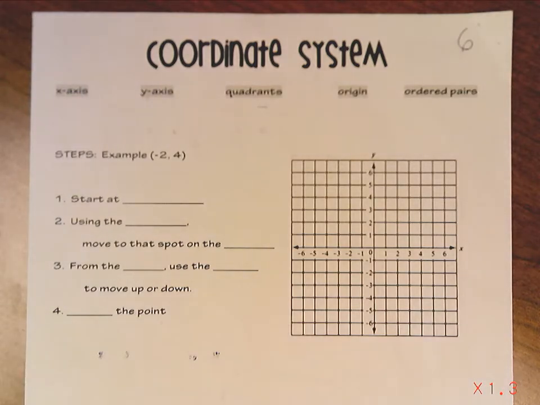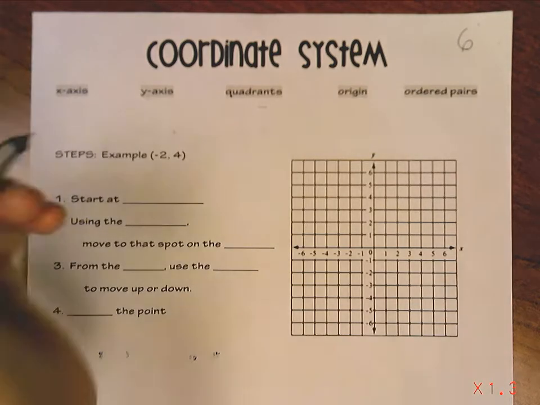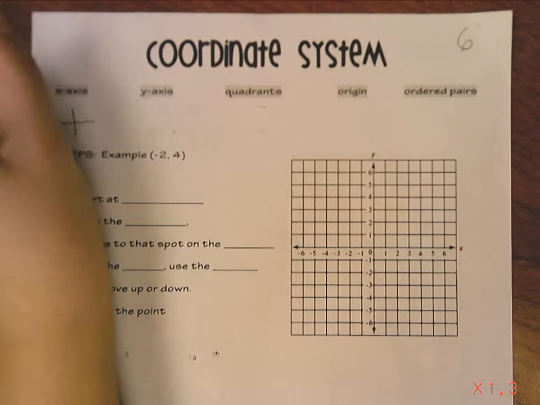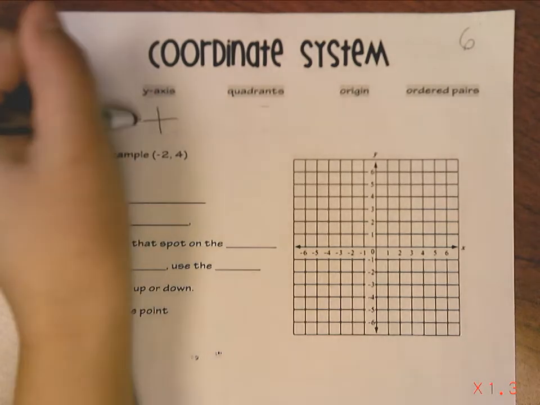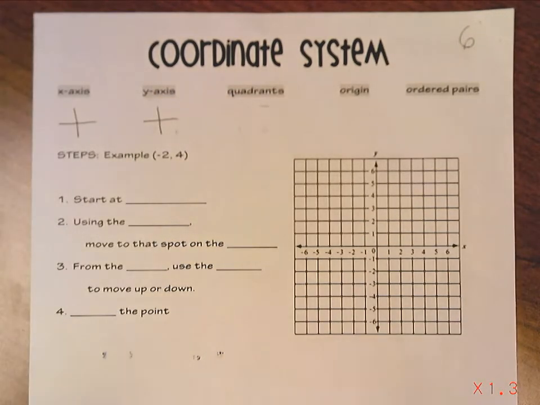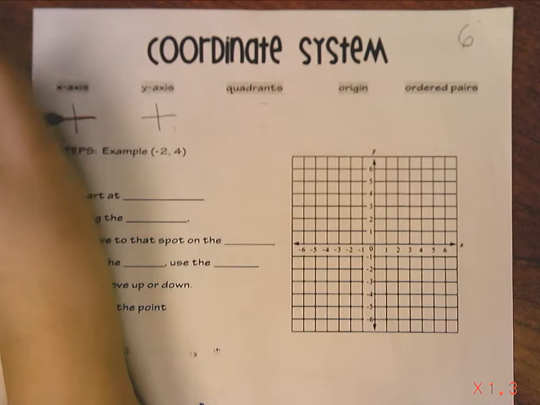So first of all, we have our 5 vocab words up at the top. The first one you should have already known, and you should already have in your notes. Okay, let's draw 2 coordinate grids. And this one is the x-axis.